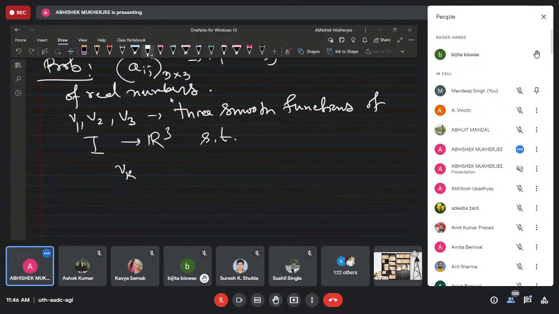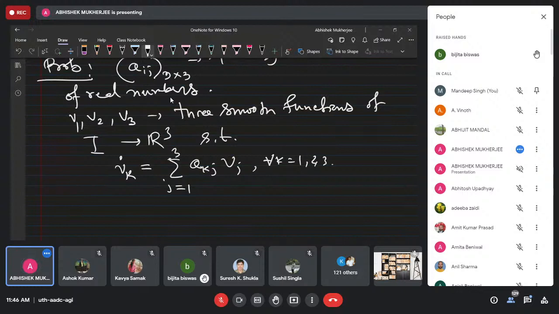V k dot is the summation A k j times V j, where j is 1 to 3, for all k equal to 1 to 3.